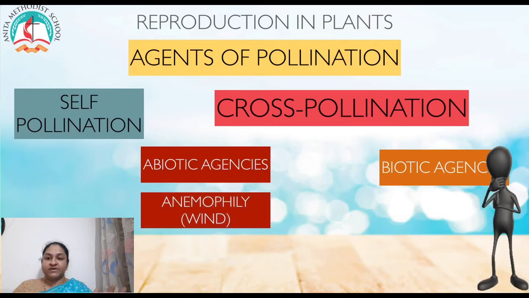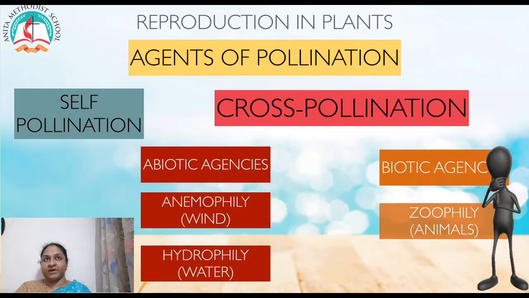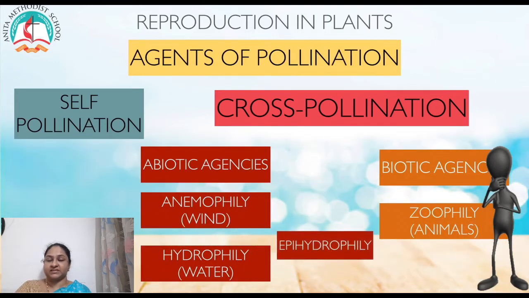Abiotic agencies, first one is anemophily, where wind is used for pollination, and such plants are called anemophilous plants. Okay, hydrophily is where water is used for pollination, and the flowers pollinated by water are called hydrophilous plants.